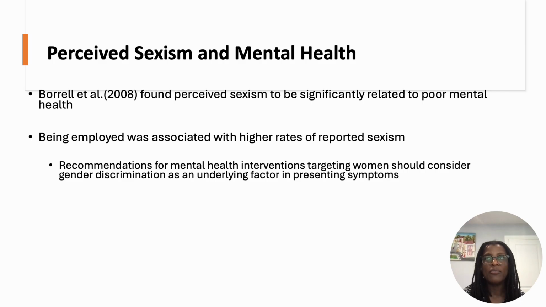The recommendation is that mental health interventions targeting these women should consider how gender discrimination is an underlying factor in presenting symptoms. And this is really important, as we've talked about lived experiences in a previous module, and how our lived experiences can impact our mental and physical health.